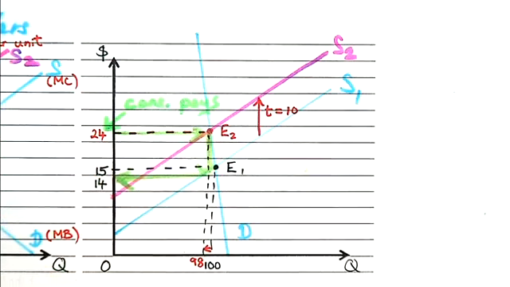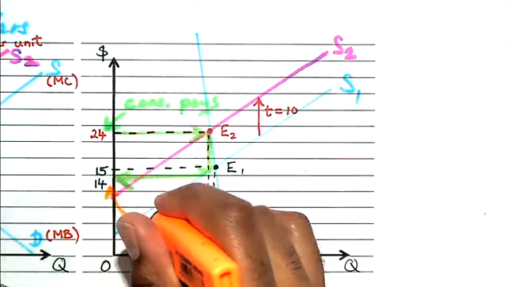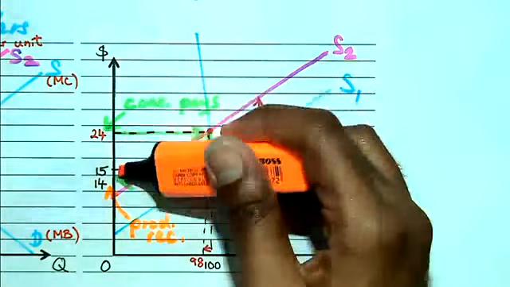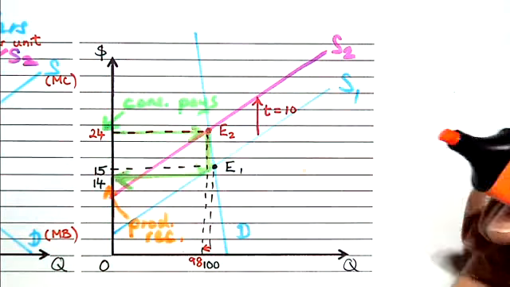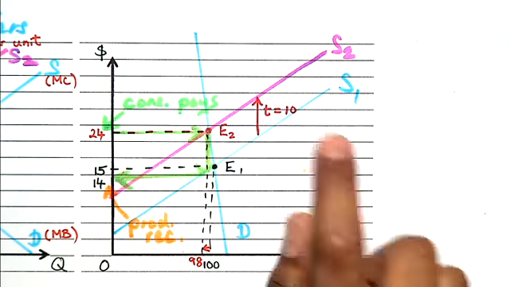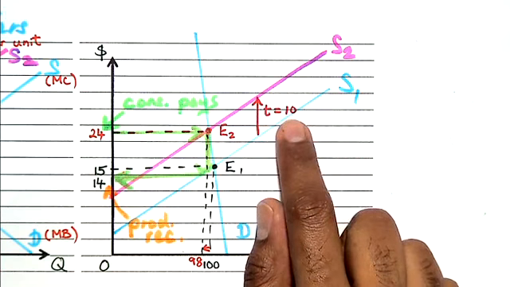How big is the consumer burden? $9. Because the price has gone up by 9. How big is the producer burden? $1. 9 plus 1 is 10.